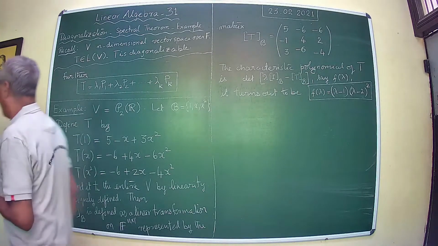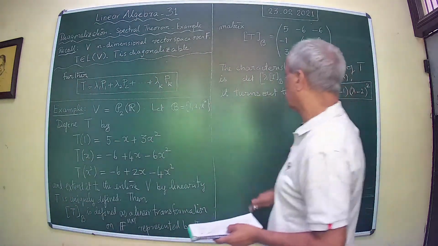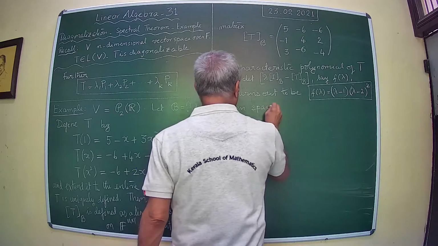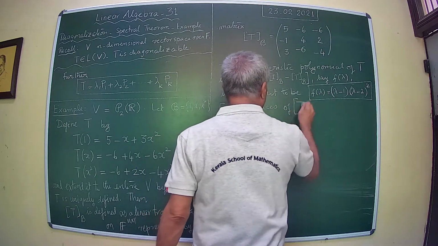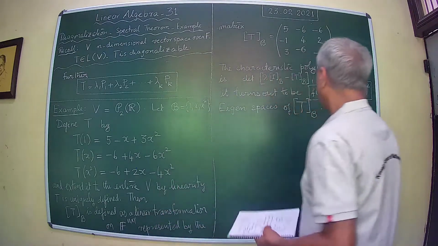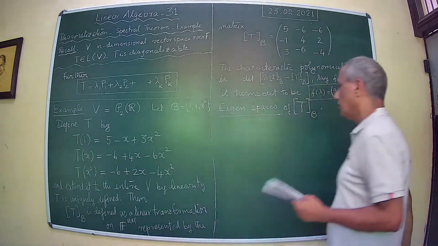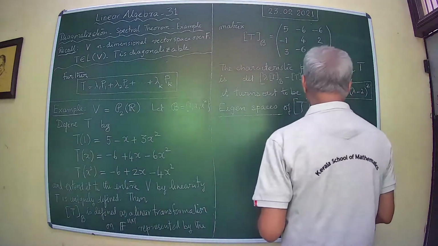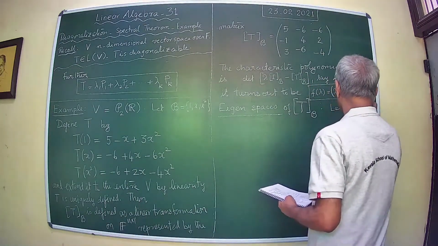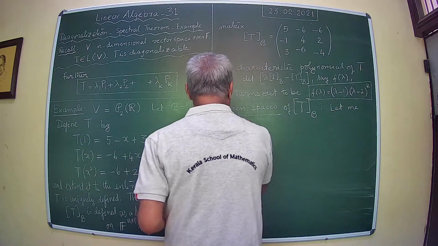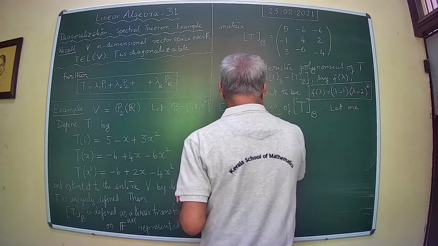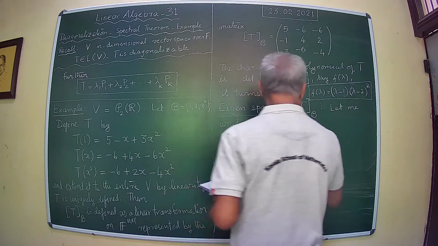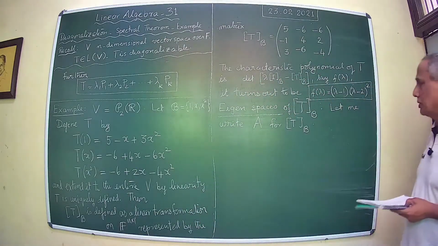Now let us compute the eigenspaces. For convenience, let me write A for the matrix so that it becomes easier to write.